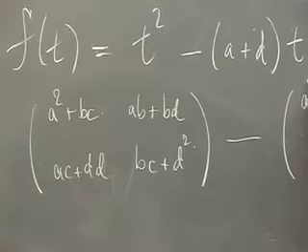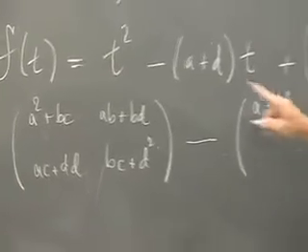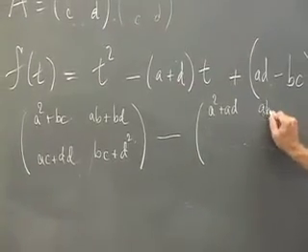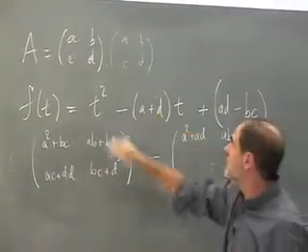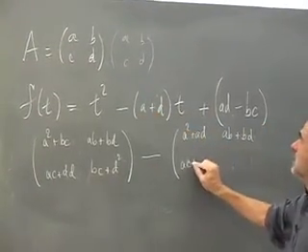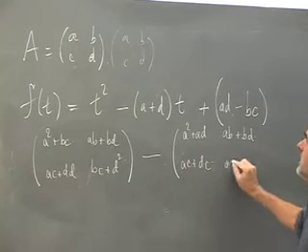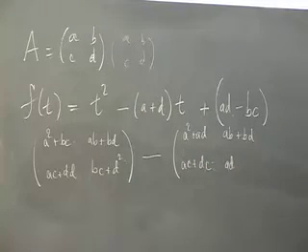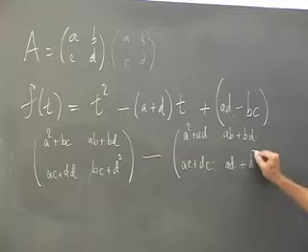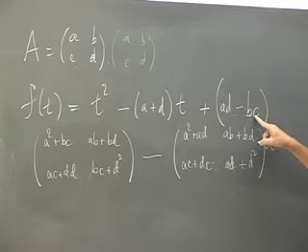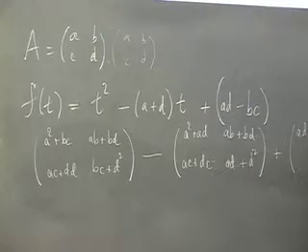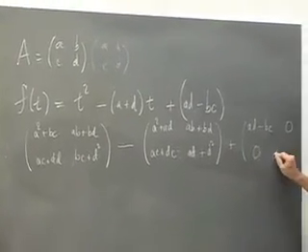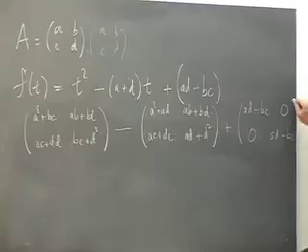So that becomes A squared plus AD. And then AB plus BD. And then A plus D times C, AC plus DC. And then AD plus D squared. And then we have to add to it this times the identity matrix, plus AD minus BC, 0, 0, AD minus BC.